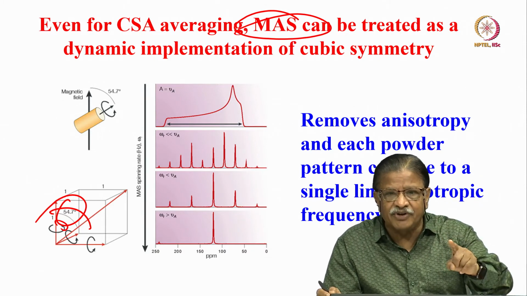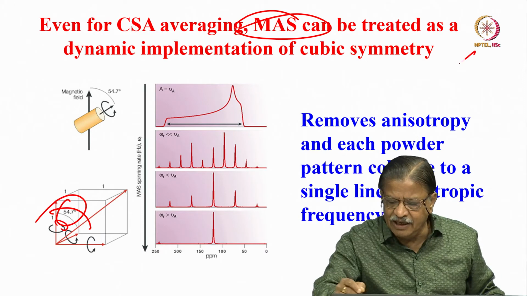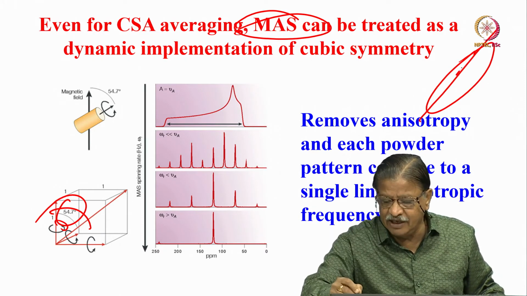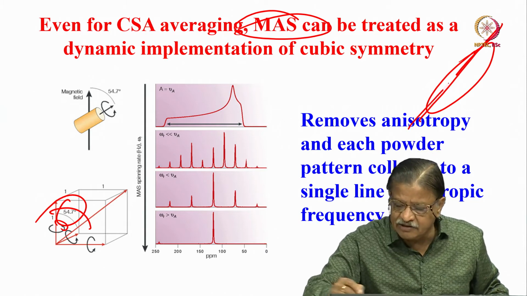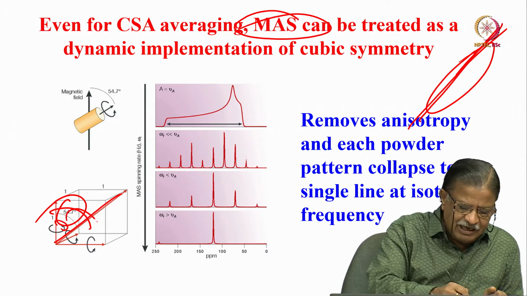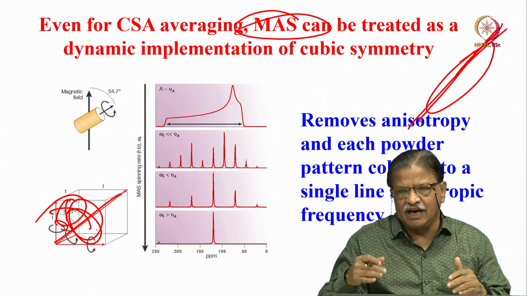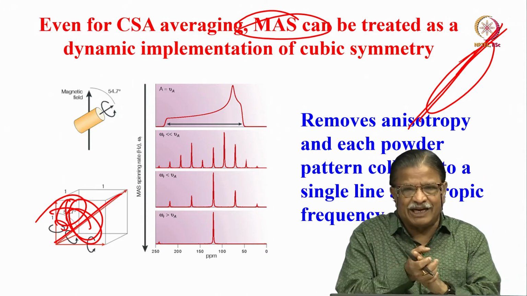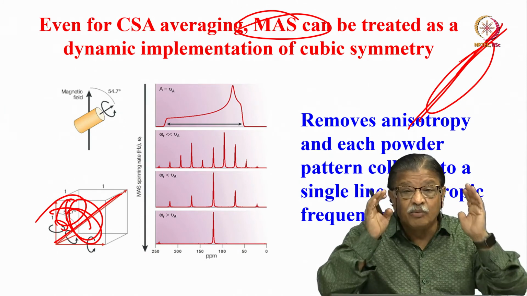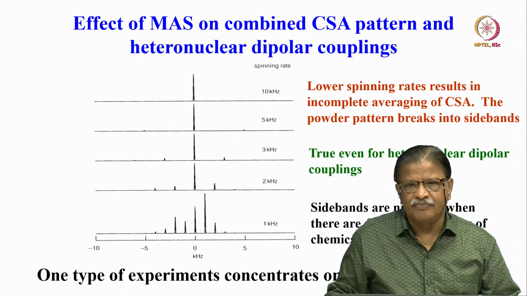I also mentioned, if you consider the ellipsoid for the CSA, the long axis of the ellipsoid can be thought of as aligned like this, and CSA averaging can also be treated as a dynamic implementation of the cubic symmetry. Okay? That is what it is.